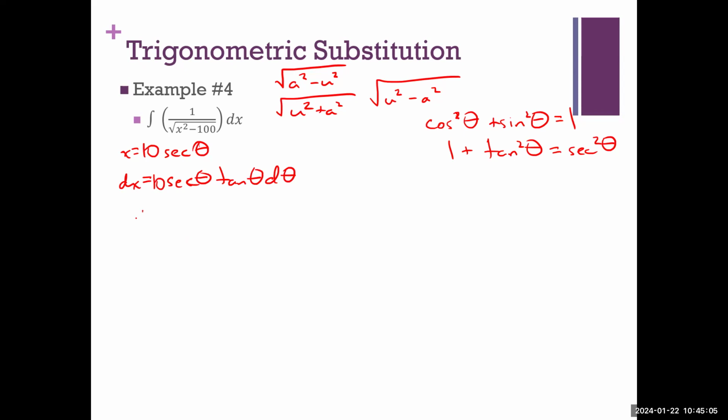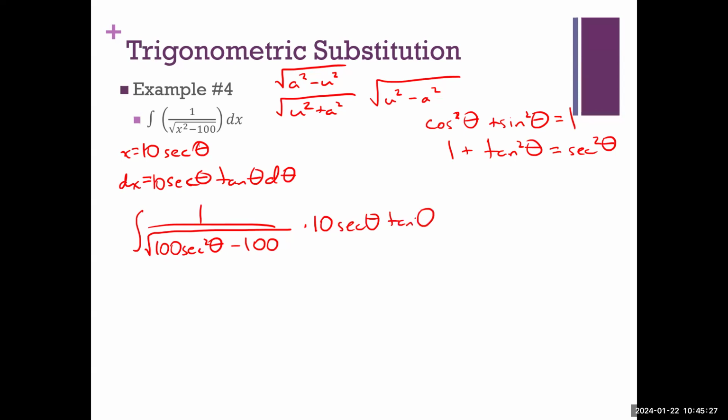This integral becomes the integral of 1 over the square root of 100 secant squared theta minus 100 times dx, which is 10 secant theta tangent theta d theta.